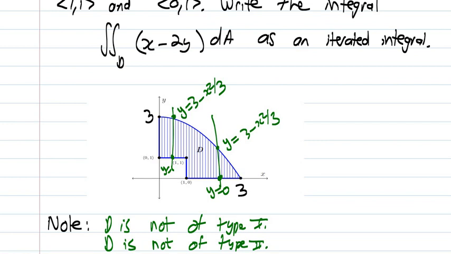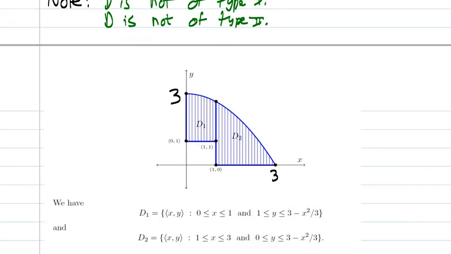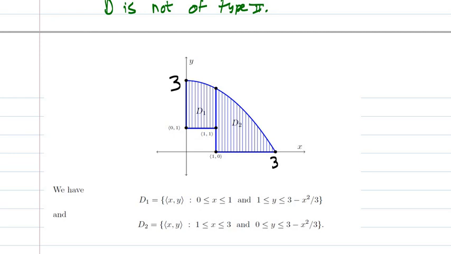The good news is we can split D up into 2 type 1 regions, and this is how you do it. You can split the blue region into 2 type 1 regions, D1 and D2, as depicted in the diagram. D1 is all the 2D vectors where x is between 0 and 1 and y is between 1 and 3 minus x squared over 3.